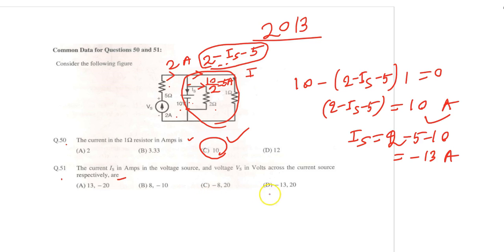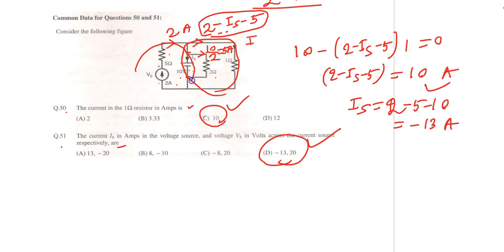Minus 13 ampere, only one option C. So this is the answer. Even I am not going to calculate the Vs. You apply the KVL around this. So Vs is equal to, I am traversing this way, 10 plus 5 into 2, that is 20 volt.